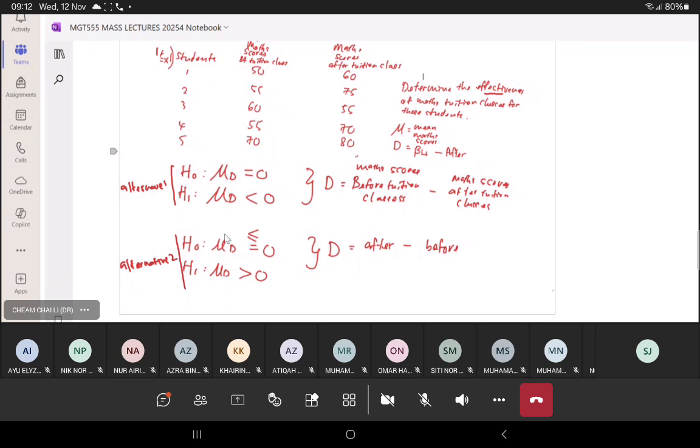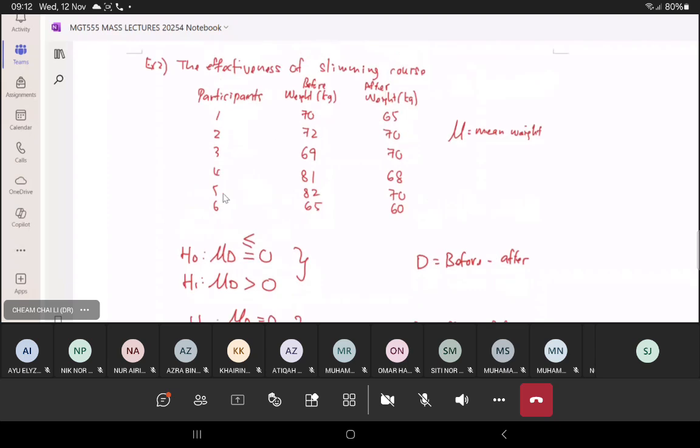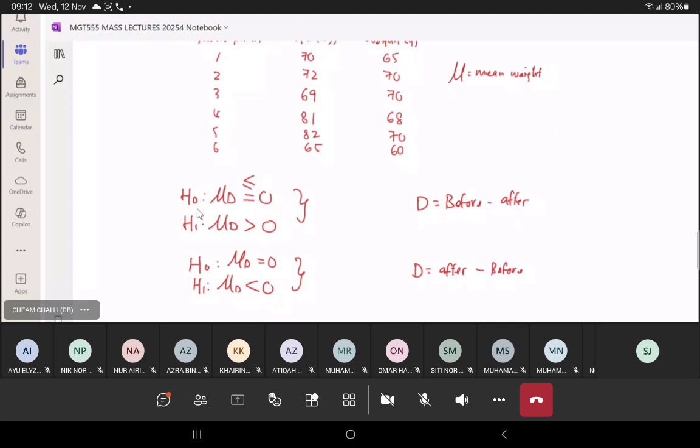Then you have to decide on the alternative hypothesis. Same goes for situation number 2. If your mu is equal to the mean weight, right? So you're going to define it for the second scenario. If your D is before minus after, if your difference is before minus after, then the before weight will be higher than the after, right?